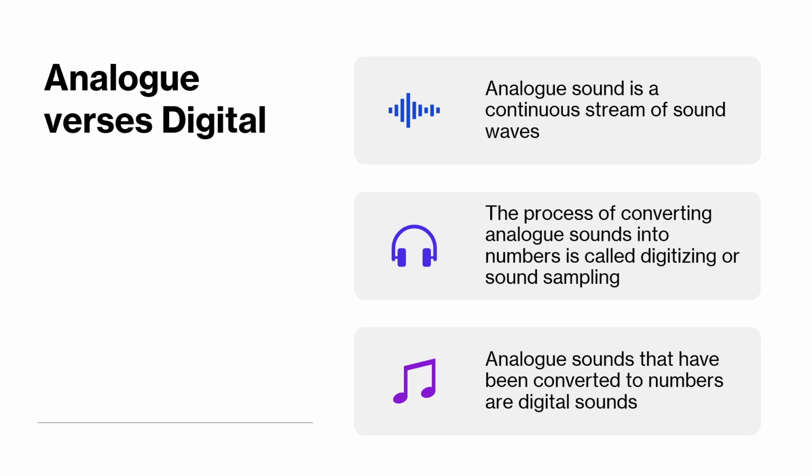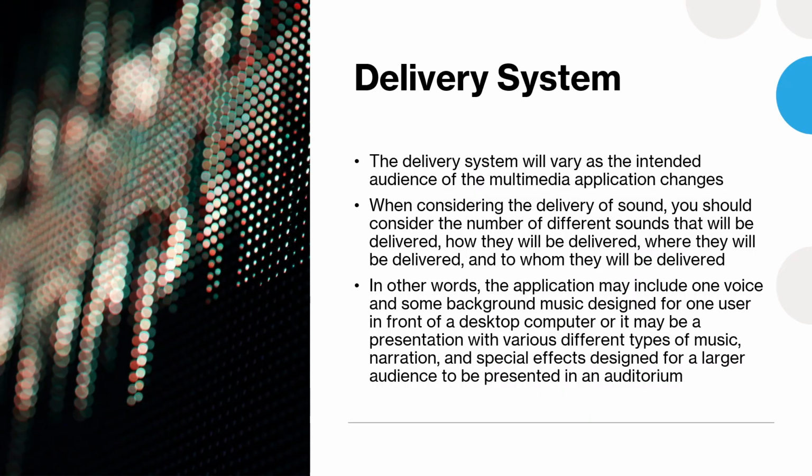Digital sound is sent through the DAC, which we term the digital-to-audio converter. That is the delivery system, and that is how we deliver it to the general public for people to appreciate it.